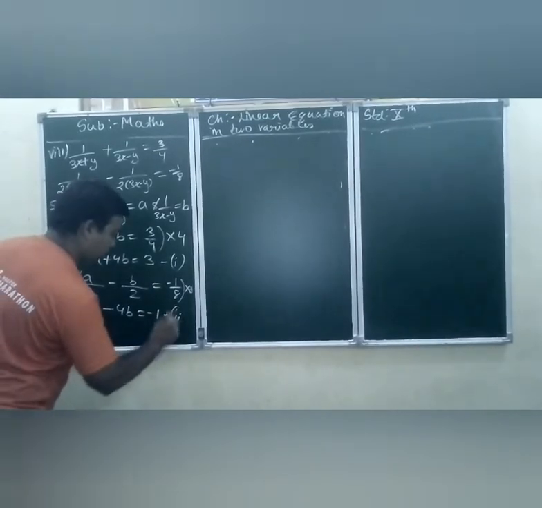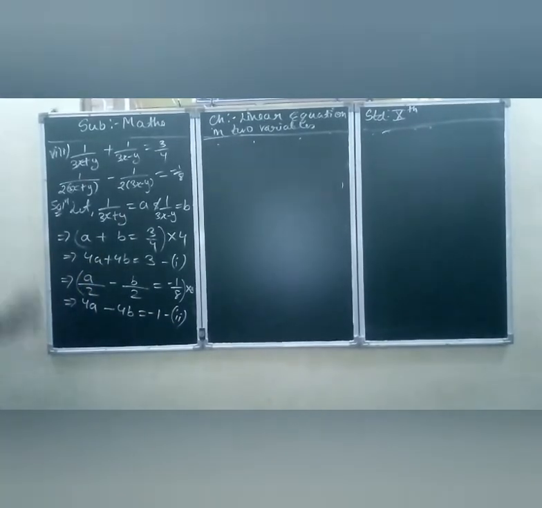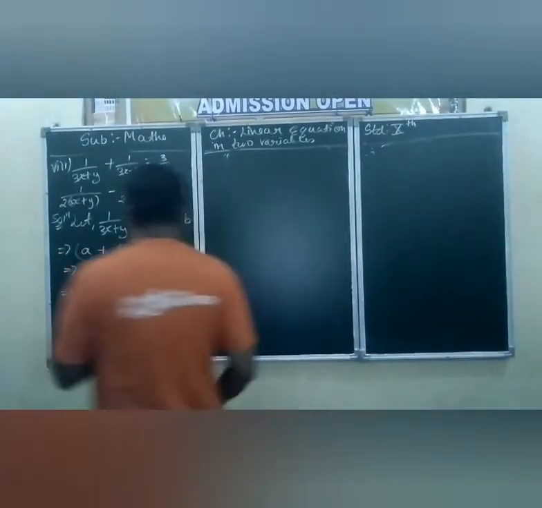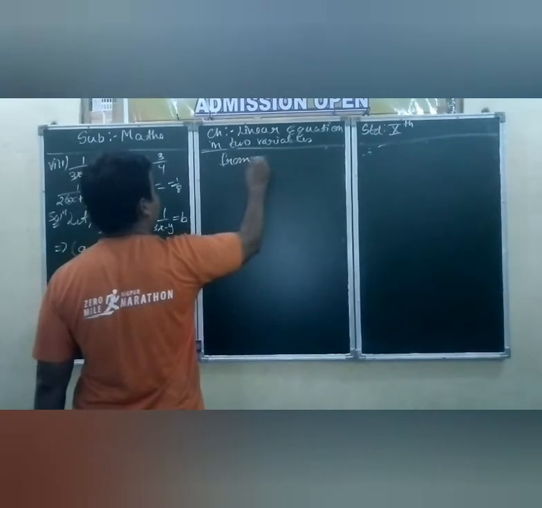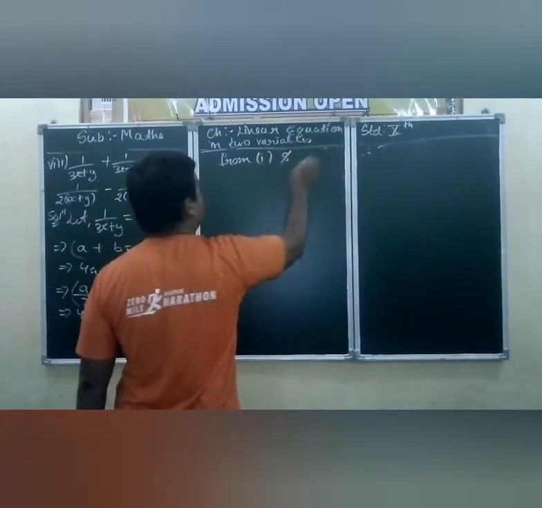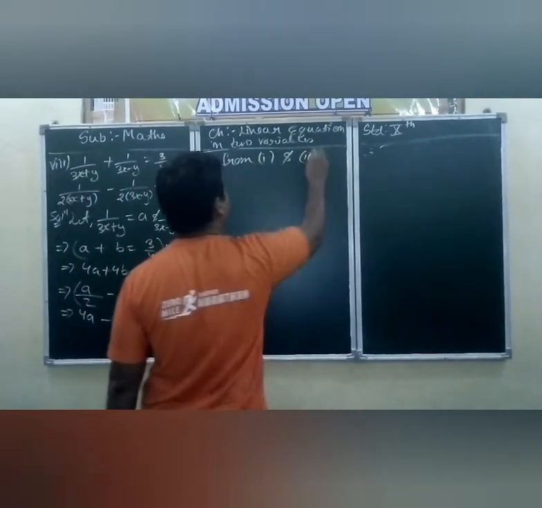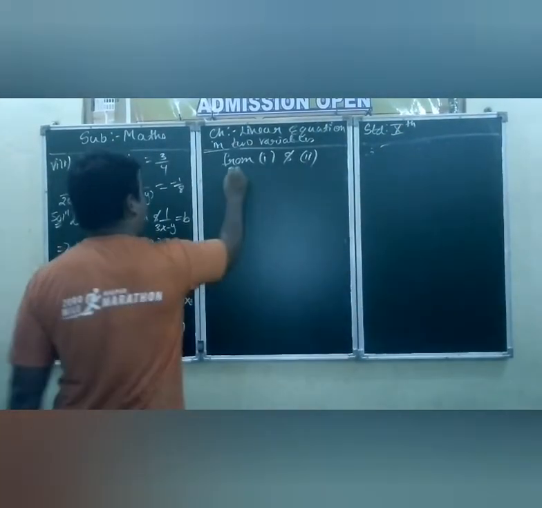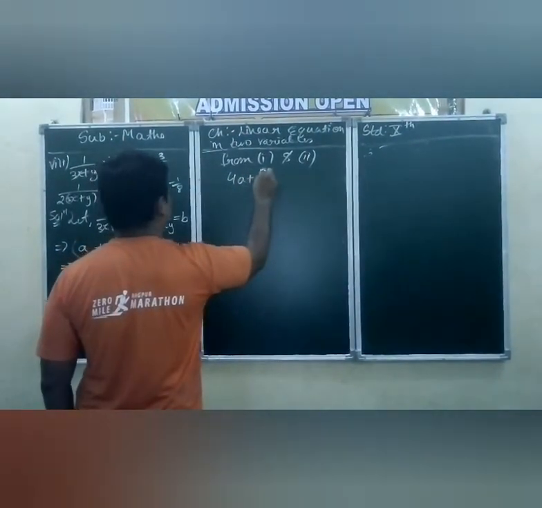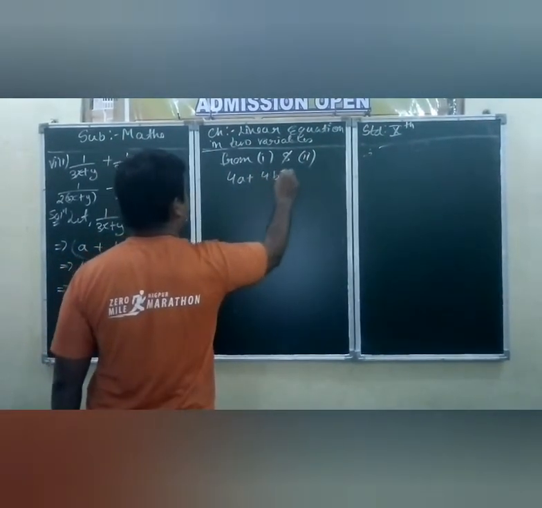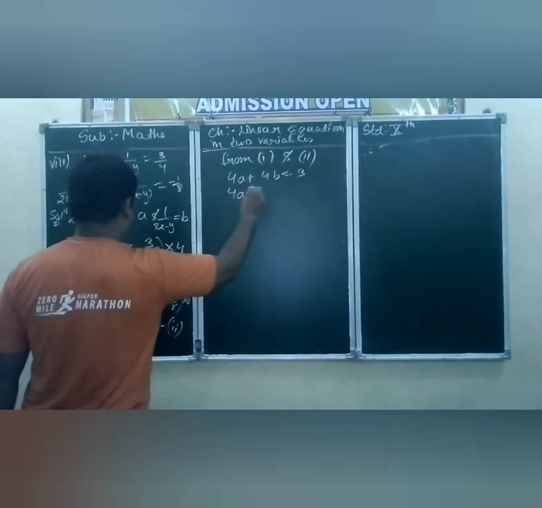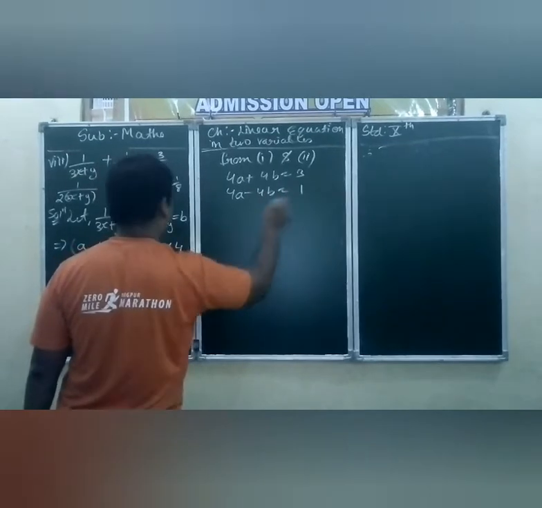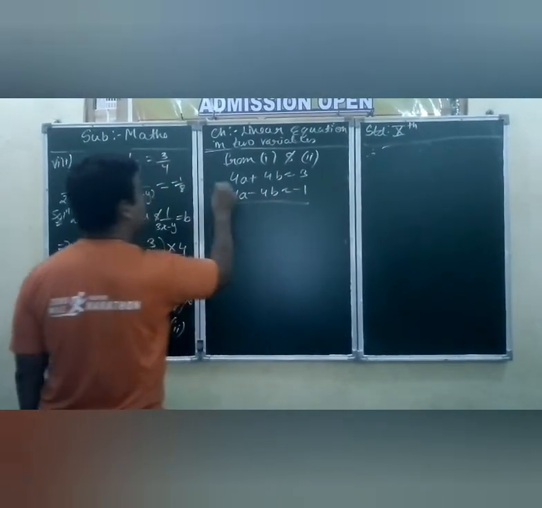This is the second equation. Now from the first and second: 4a plus 4b is equal to 3, and the second equation, 4a minus 4b is equal to minus 1.